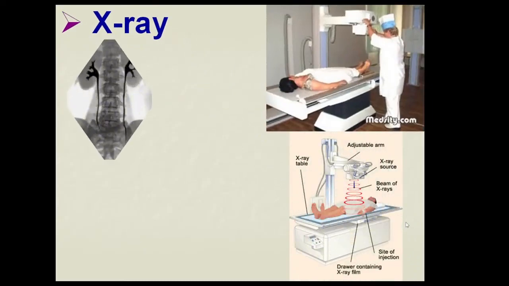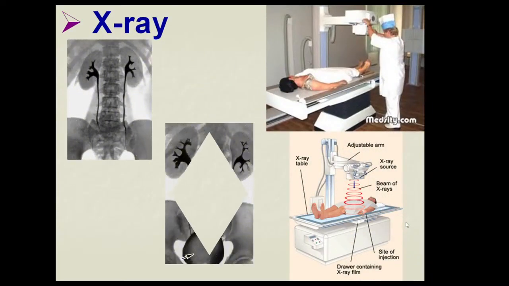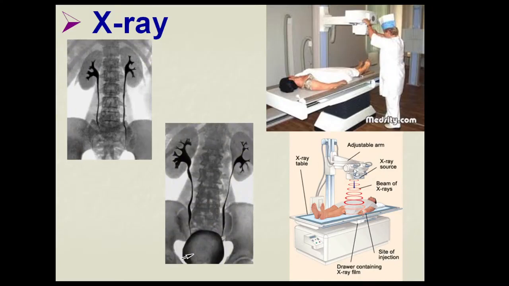On X-ray examination, due to the action of contrast, we can see the kidney, assess its structure, pelvis, and ureter, and reveal some pathological process. You see widening of the pelvis and obstruction of the ureter.